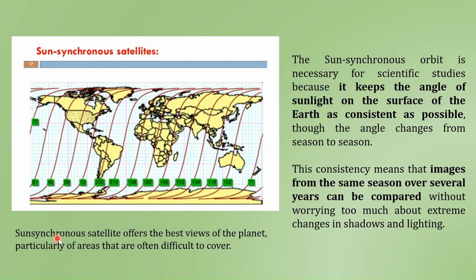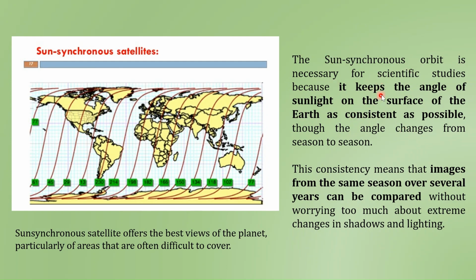These sun synchronous satellites provide the best view of the planet, particularly of the areas that are often difficult to cover. And these orbits are very important in scientific studies because during the acquisition of the data, they keep the angle of sunlight on the surface of the earth as consistent as possible.